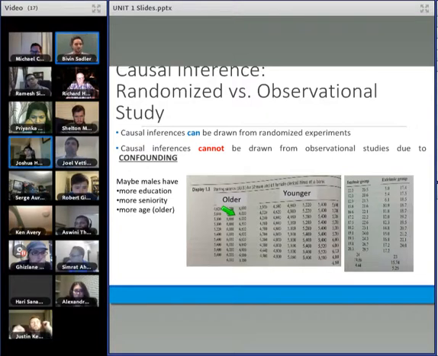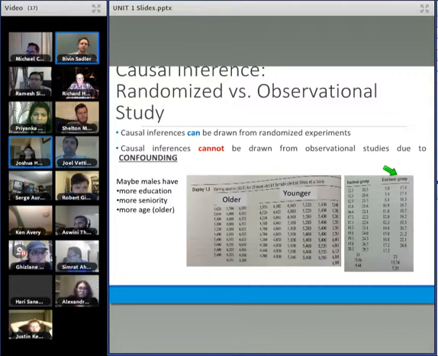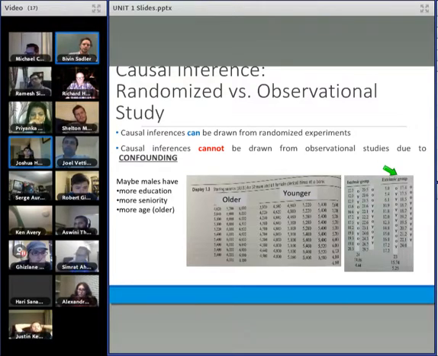Why don't I run as big a risk with the older group and the younger group? Why can I attribute causation here to being in the intrinsic group or the extrinsic group? It's because I randomize people to that. When an old person comes into the study, they're equally likely to be in one of these two groups. And so when I look at the olds and youngs, they should look something like that.